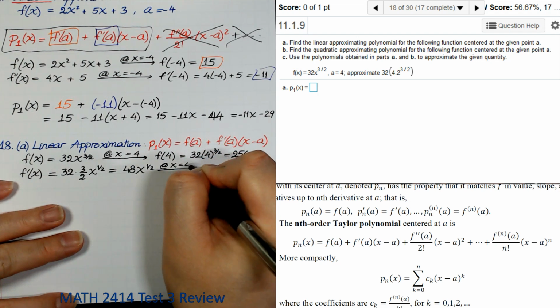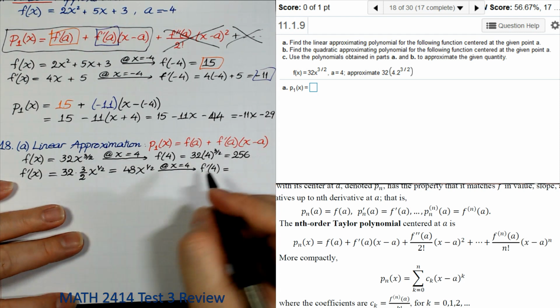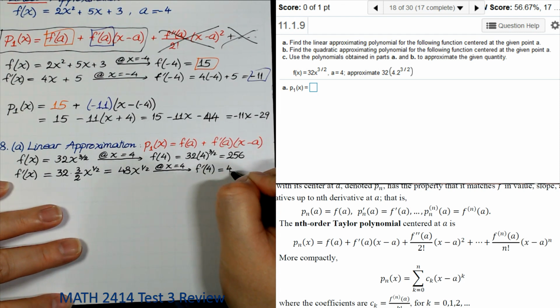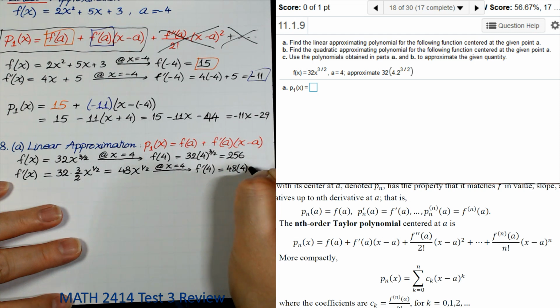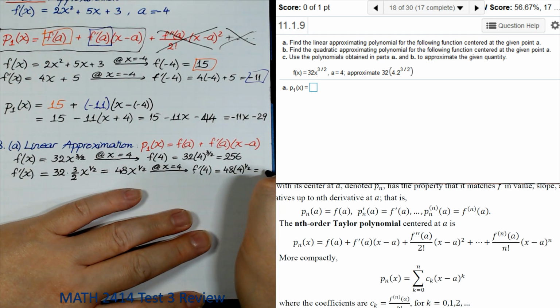And at x equal to 4, the derivative at 4 is equal to 48 times 4 to the 1/2. Square root of 4 is 2, which is 96.